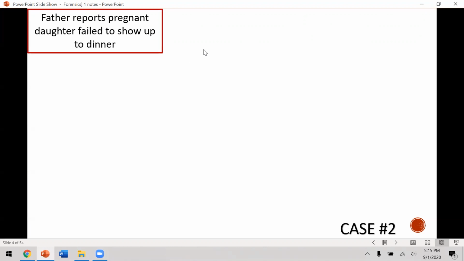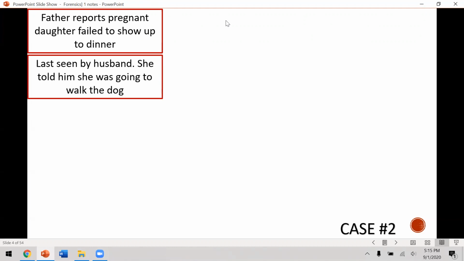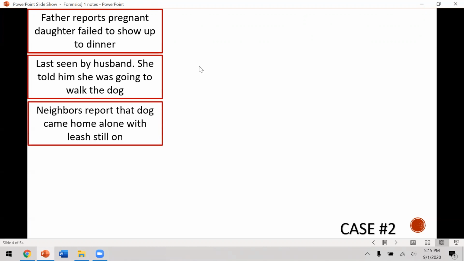So, a father reports his pregnant daughter missing after she failed to show up to dinner. This person's lady was last seen by her husband. She told him she was going to walk the dog. The neighbors reported that the dog came home alone with its leash still attached.